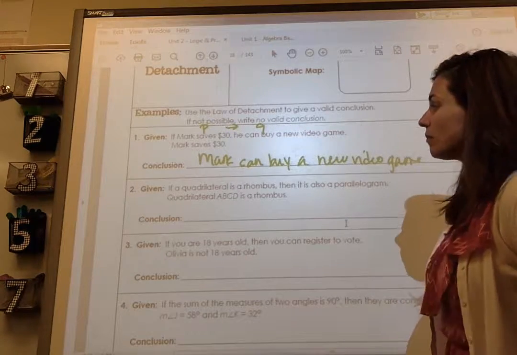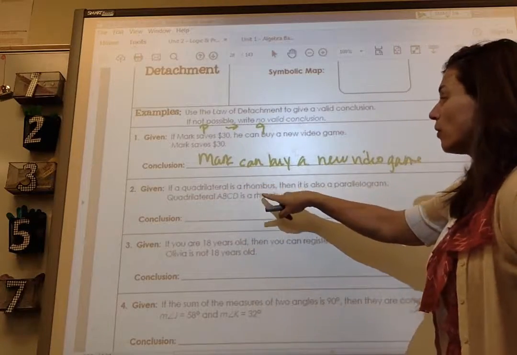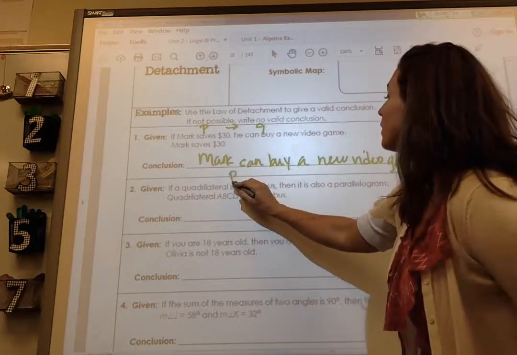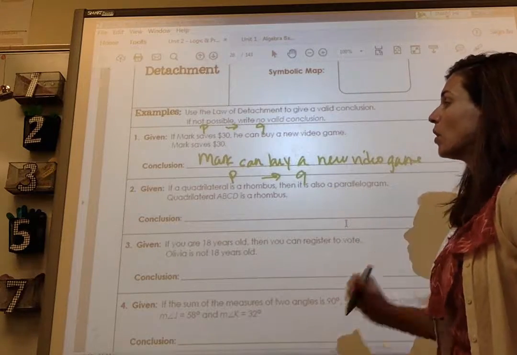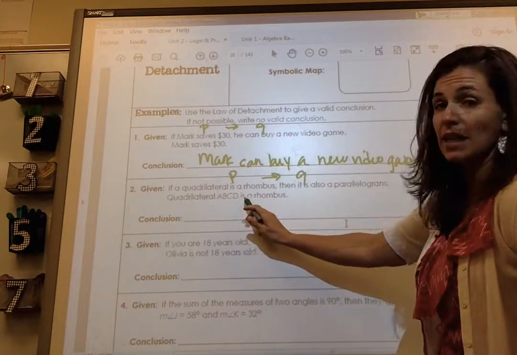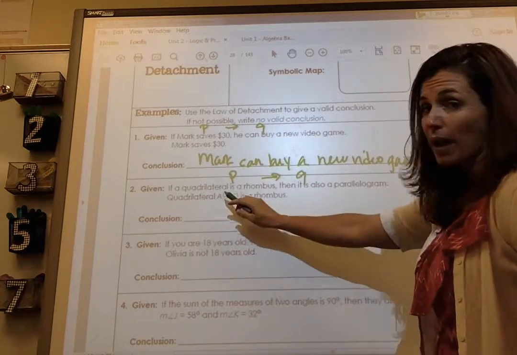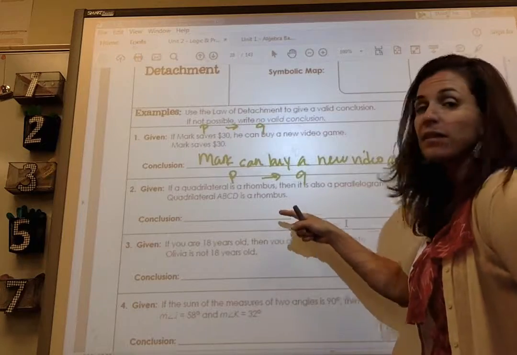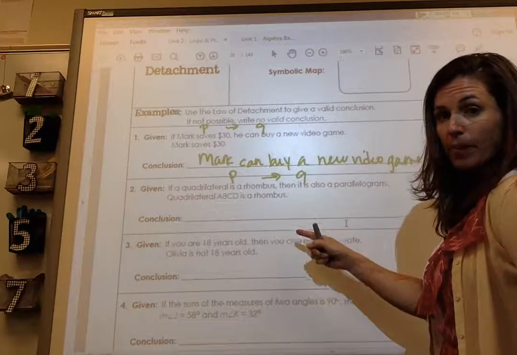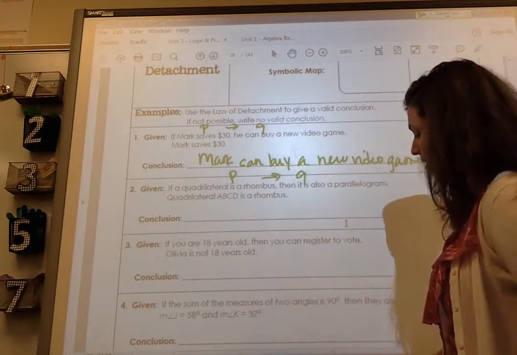All right. So, if a quadrilateral is a rhombus, that's my hypothesis, then it is also a parallelogram. Quadrilateral ABC is a rhombus, which is what my hypothesis says. Therefore, I can conclude that it is also a parallelogram. Okay, so I'm going to give you a second to write that down.